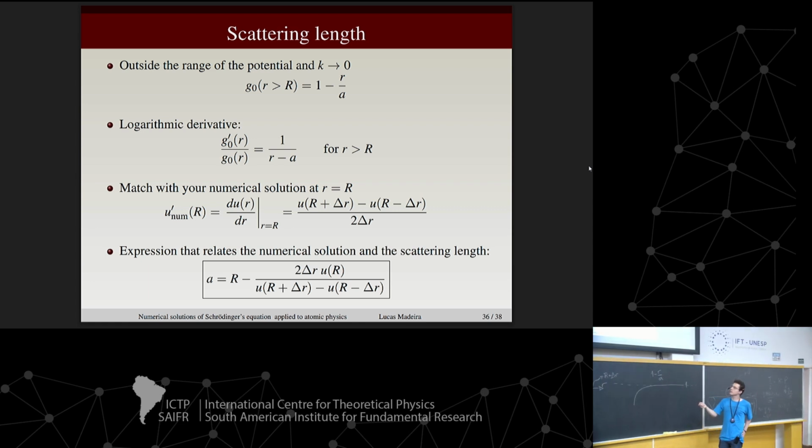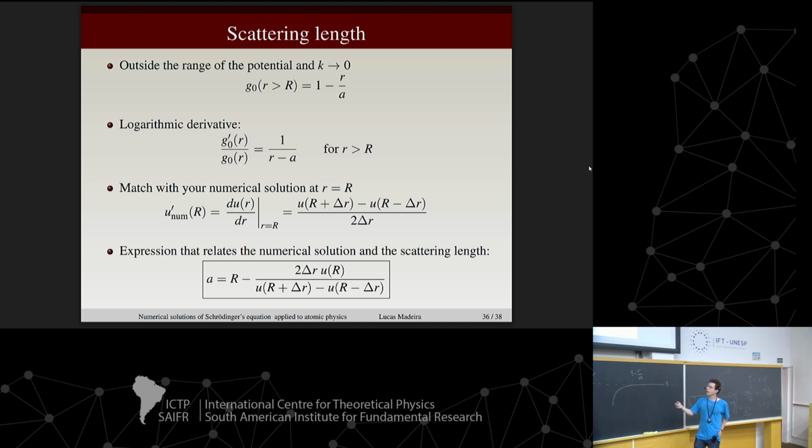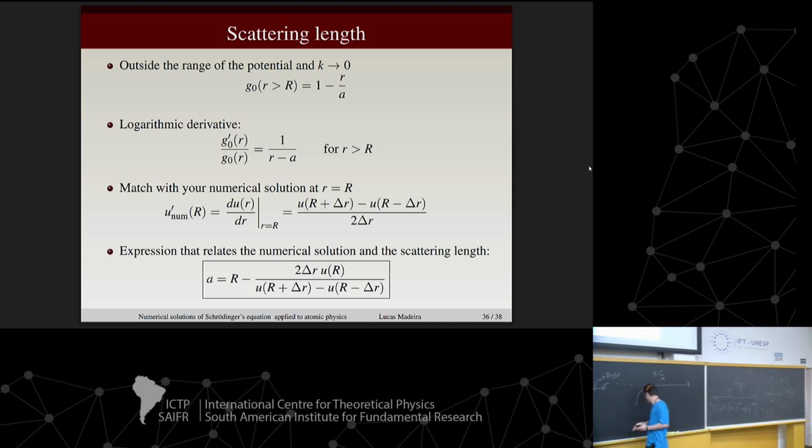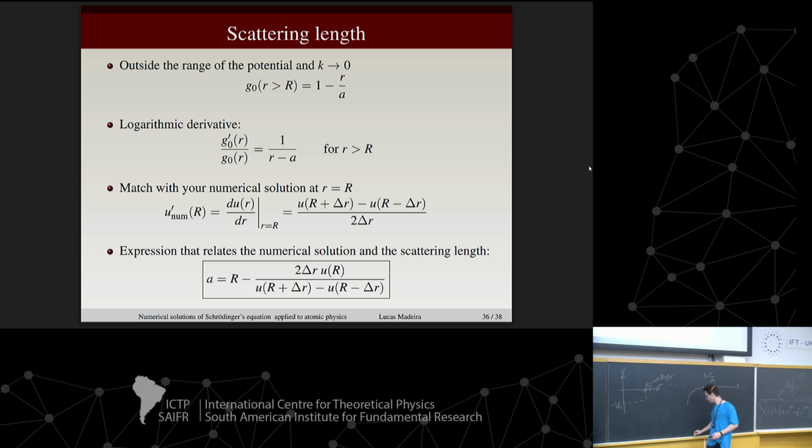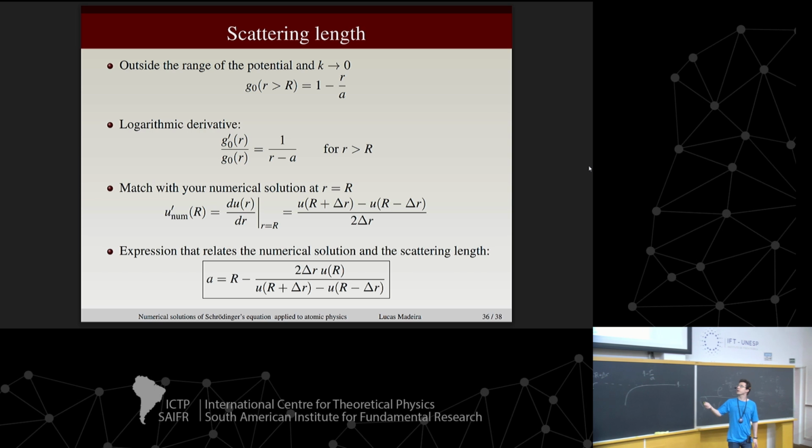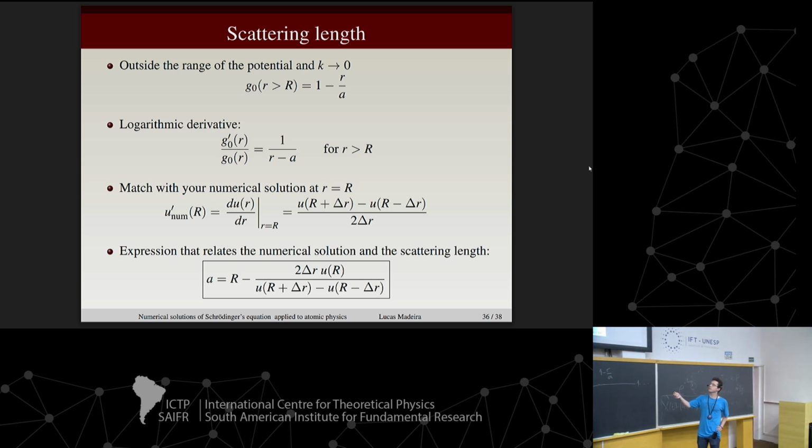And then what's the numerical derivative at this point r here? From that numerical expression that we wrote before, it's the value of the function on the next point minus the value of the function in the previous point.